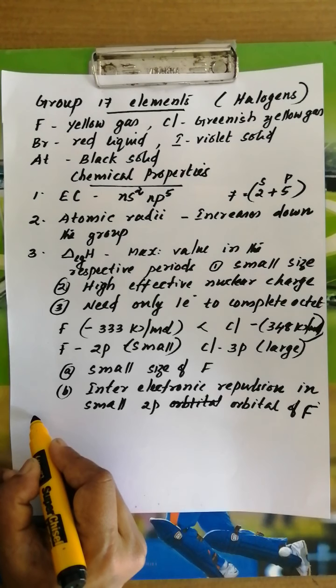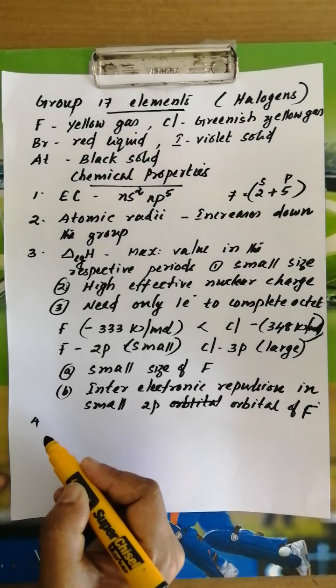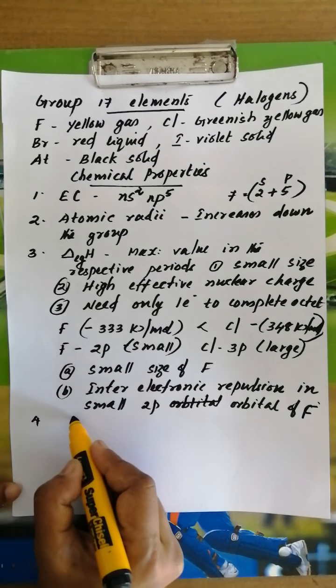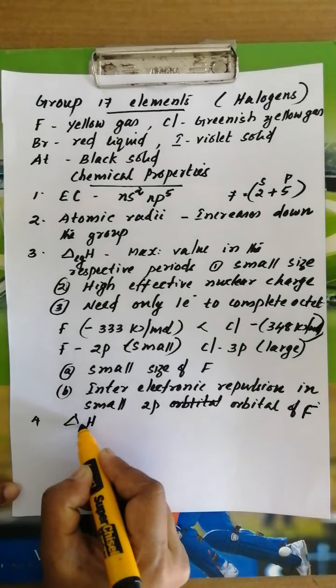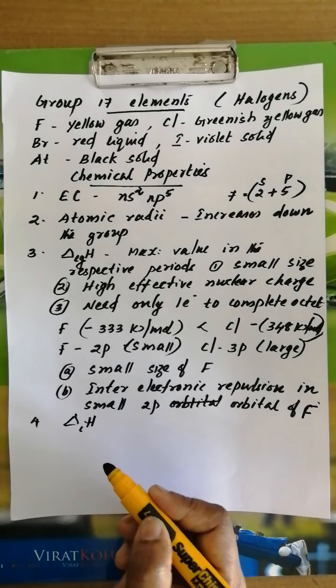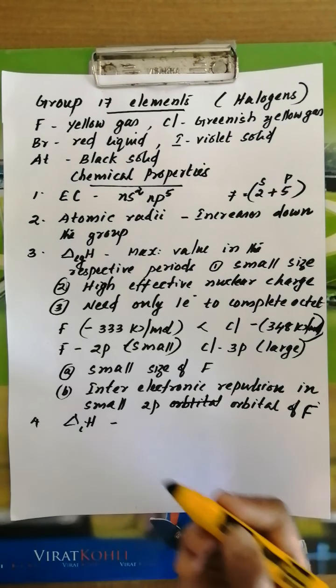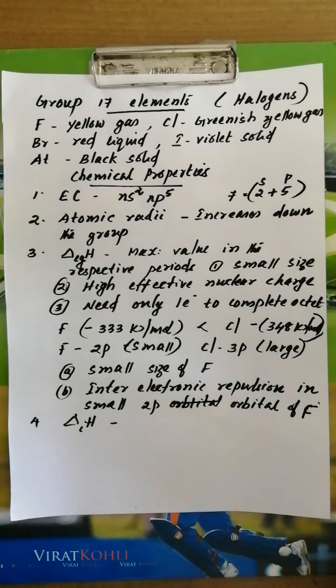Our next property is ionization enthalpy, represented as delta Hi. And what is ionization enthalpy? It is the energy required to remove the most loosely bound electron from an isolated gaseous neutral atom in the ground state.